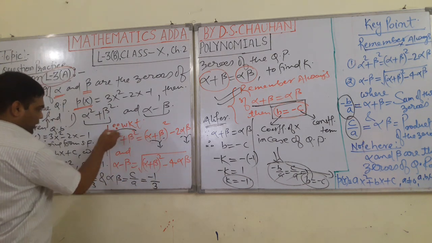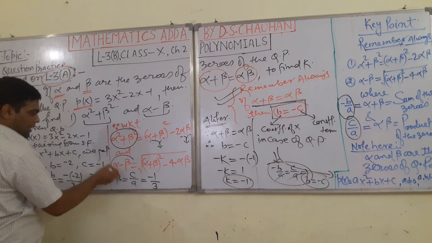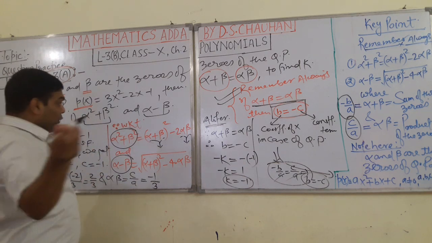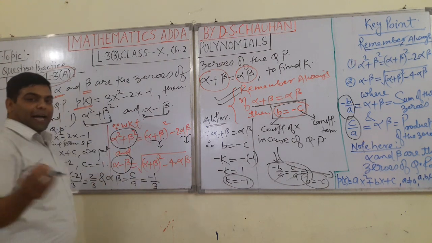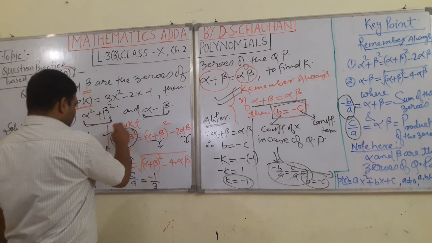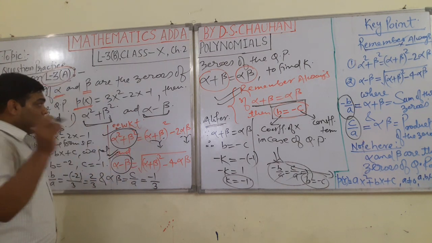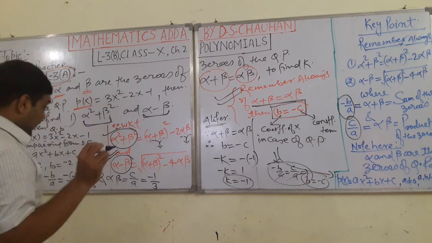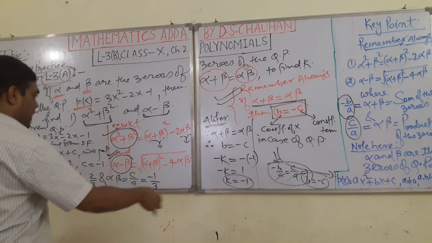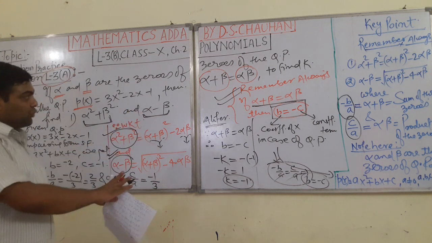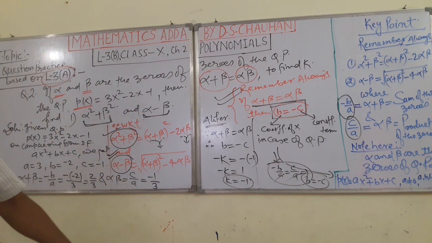Very easily we will get alpha square plus beta square and alpha minus beta, which we need in the question. I have explained in detail in my lecture 3A of polynomials how these formulas have been derived.